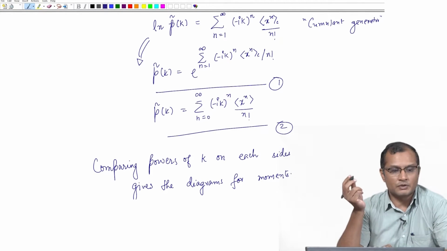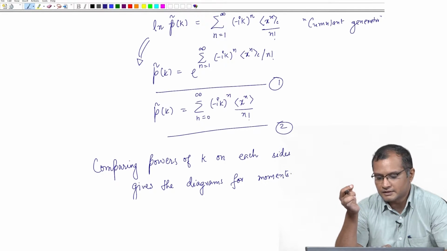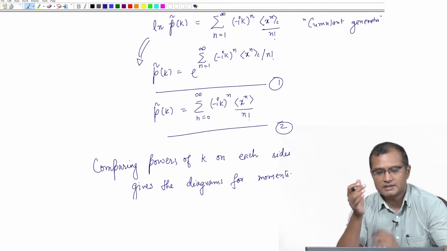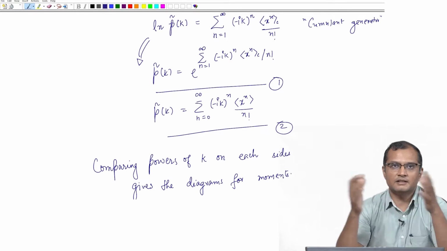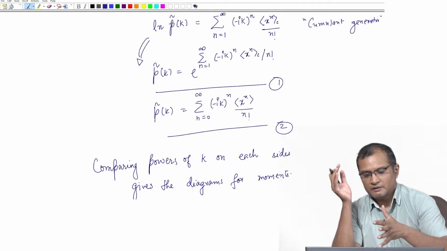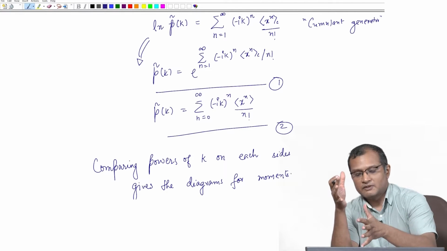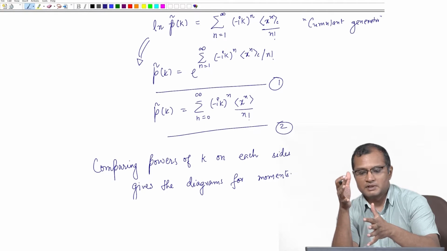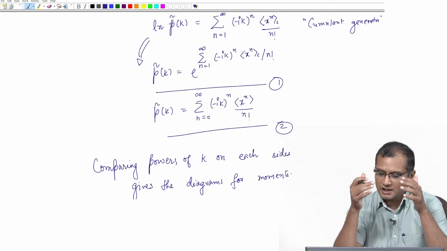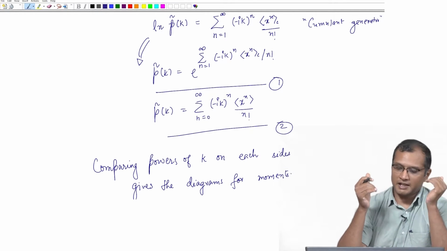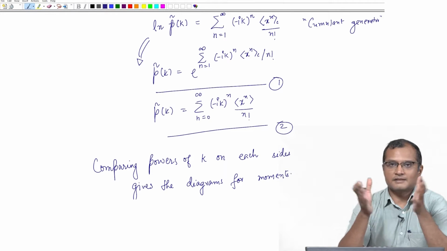You expand e raised to x in powers of x, and on the other side you already have a series expansion. From either side you pick up terms of like powers of k. On one side you will have coefficients in the form of cumulants from equation 1. It is e raised to some x, where x is given in terms of cumulants, and on the other side you will have a summation of terms all grouped as moments.